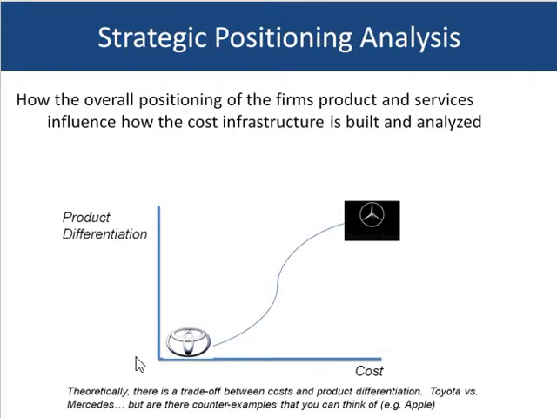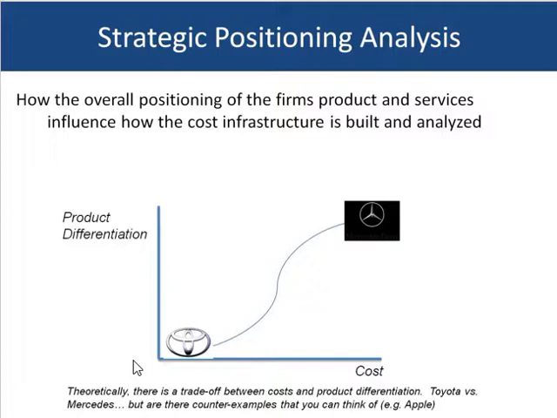Strategic positioning analysis is this: once you have built this entire infrastructure to produce a good or service, where do you want to be in the landscape of competitors for your products and services?